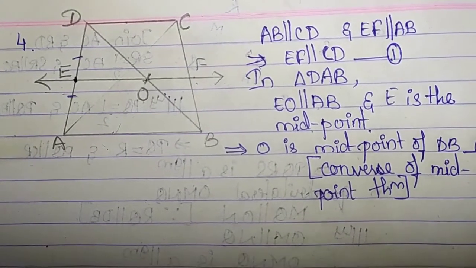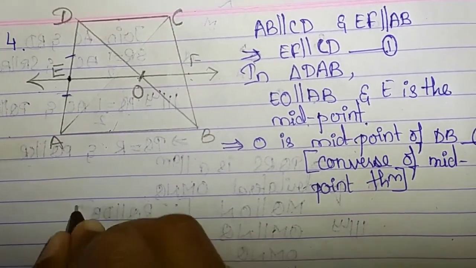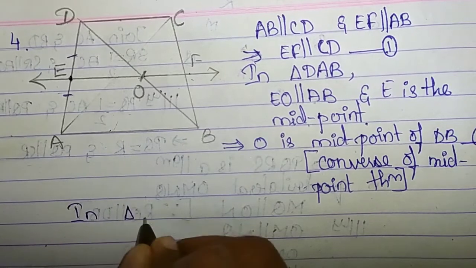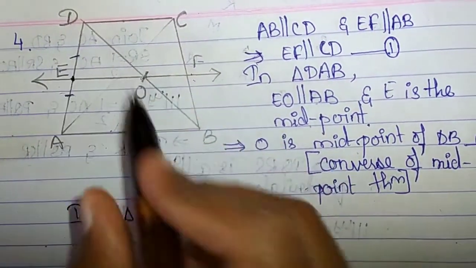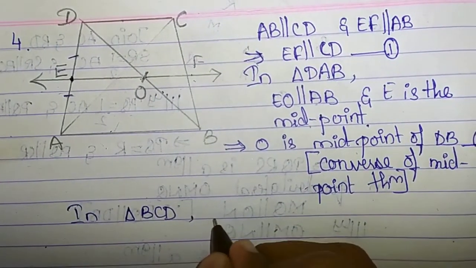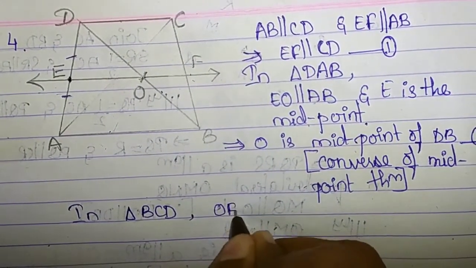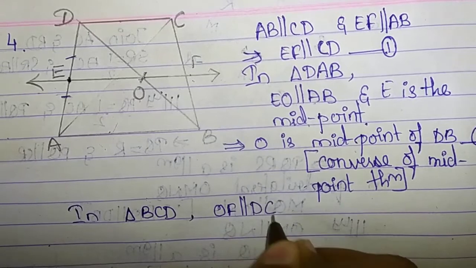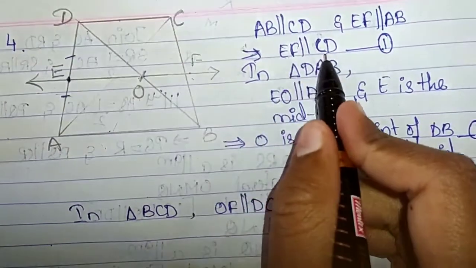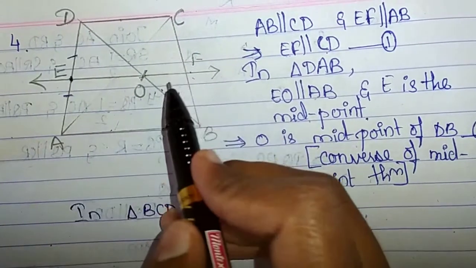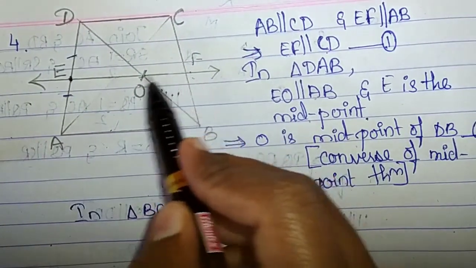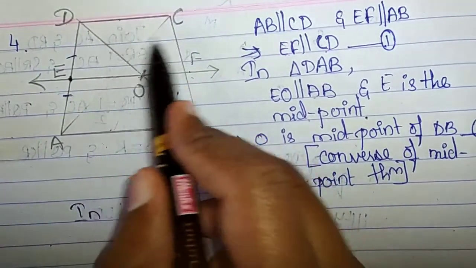Now similarly, in triangle BCD, we have another triangle here. In this triangle, OF is parallel to DC because from 1 we got that EF is parallel to CD. Since EF is parallel to CD, a part of that line, that is line segment OF, will also be parallel to CD.